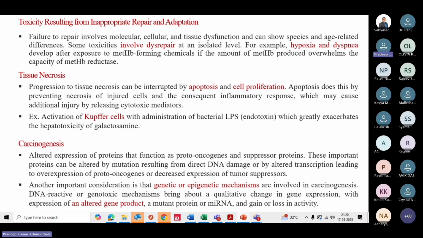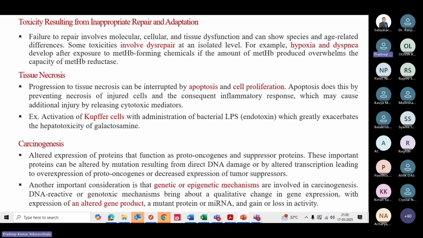We all know that altered carcinogenesis is nothing but the altered expression of proteins that function as proto-oncogenes and tumor suppressor proteins. These proteins are altered by mutation resulting from direct DNA damage or by altered transcription that leads to the overexpression of these proto-oncogenes or decreased expression of tumor suppressors.